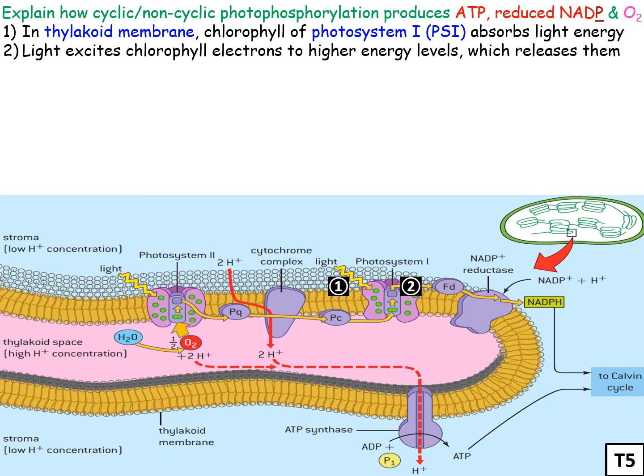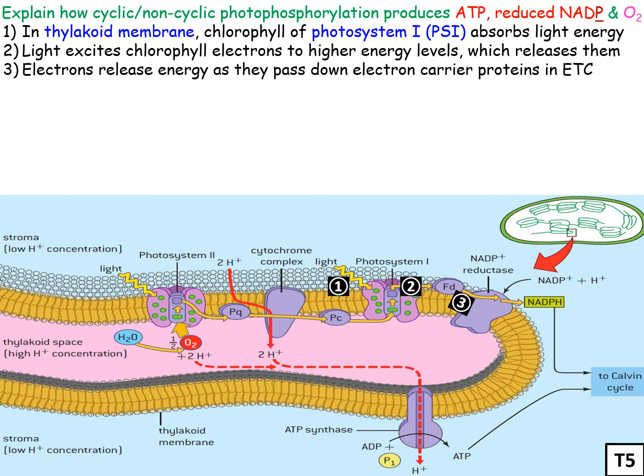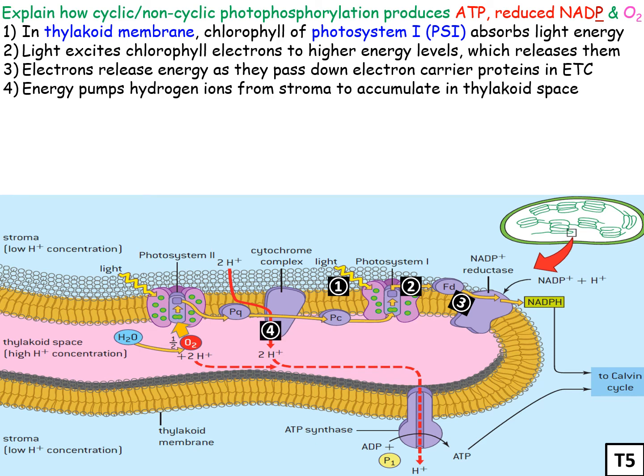That light excites chlorophyll electrons to high energy levels, which releases the electrons. The electrons then pass down electron carrier proteins in the electron transport chain, and that releases energy, which can be used to pump hydrogen ions from the stroma to accumulate in the thylakoid space.